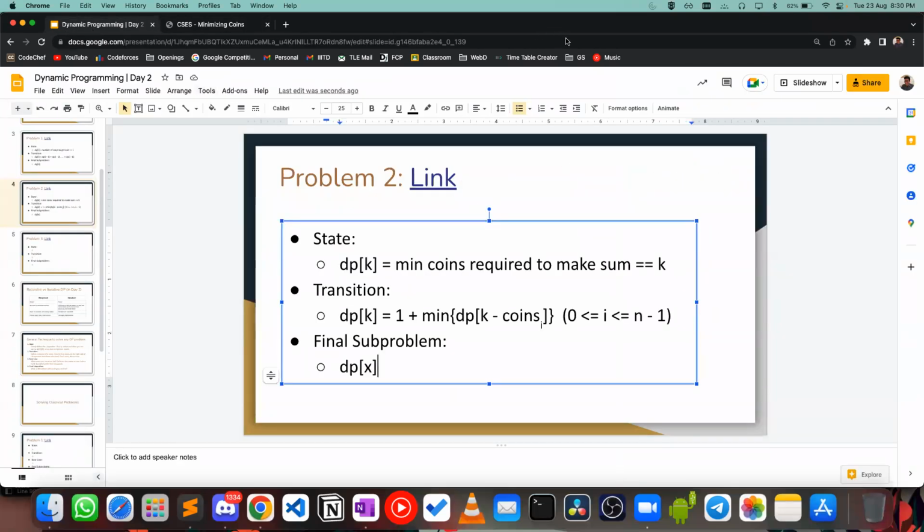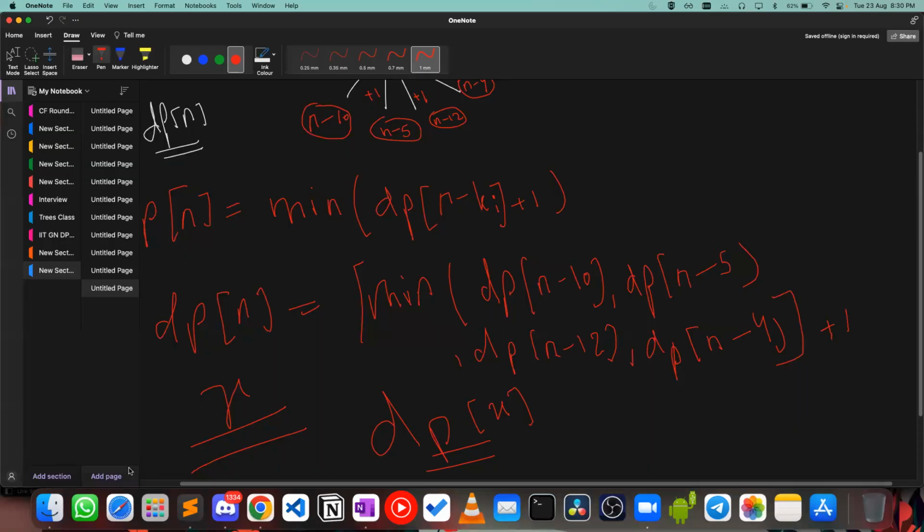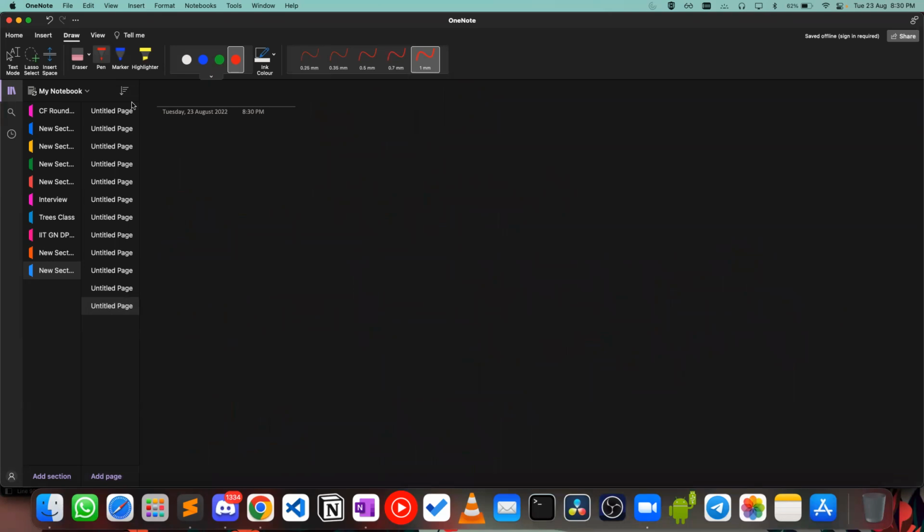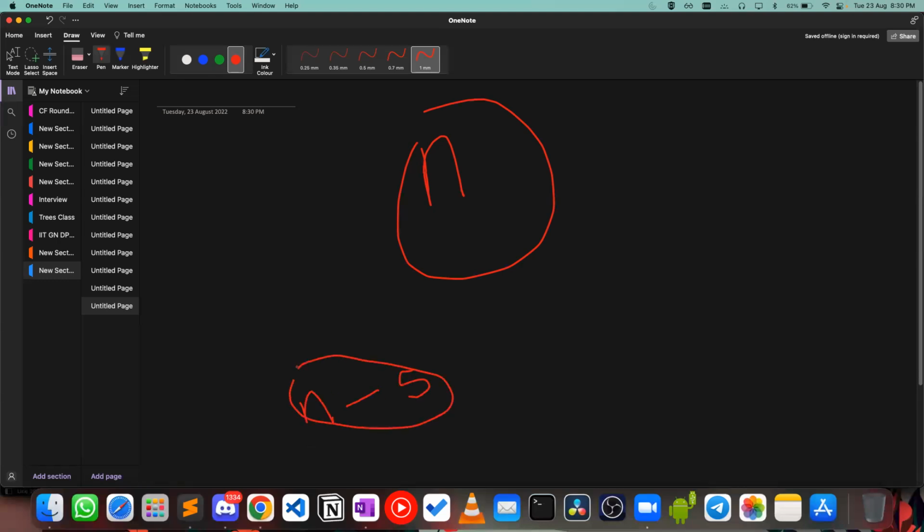So is this clear? Okay, somebody has written why the +1. Oh, right. Let me talk about that. So let's say you want to construct n, okay, and you have this sum available already, n minus 5. You know that in order to construct n minus 5, you require, let's say, 10 coins.